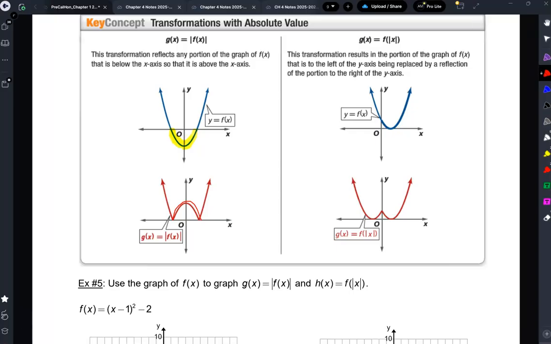Now, take a look here. This is different. Here, you have f of absolute value of x. That means the x values are being put in absolute value. So, take a look at this one. Suppose you have f of x is equal to x minus 2 squared.